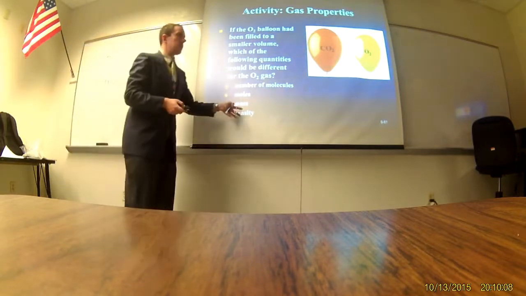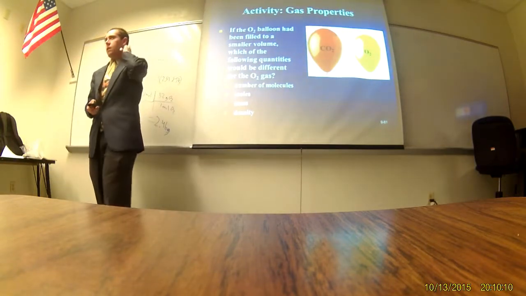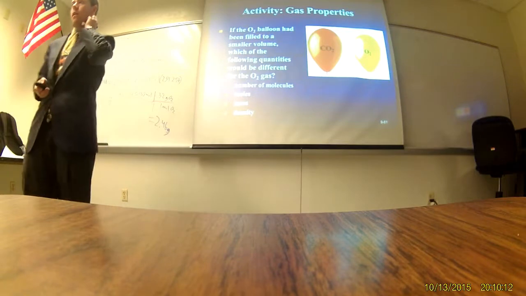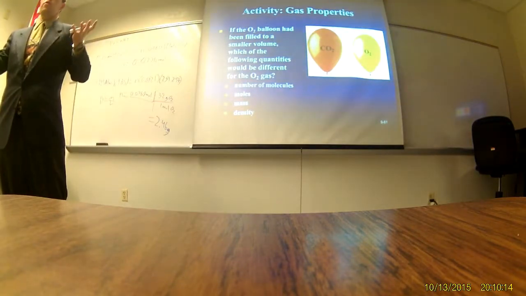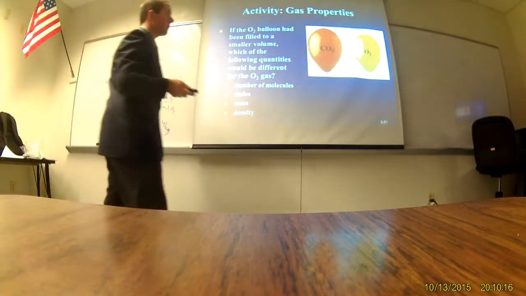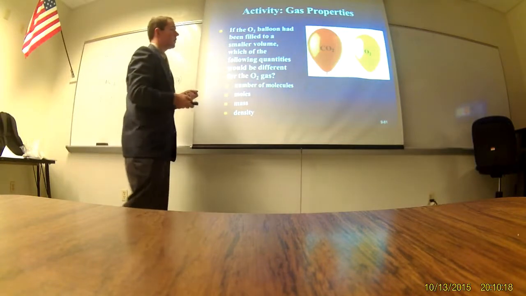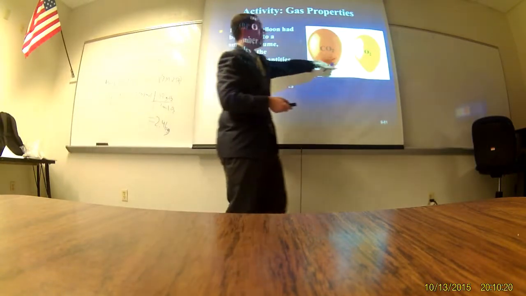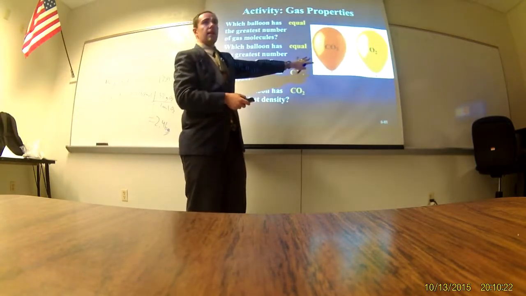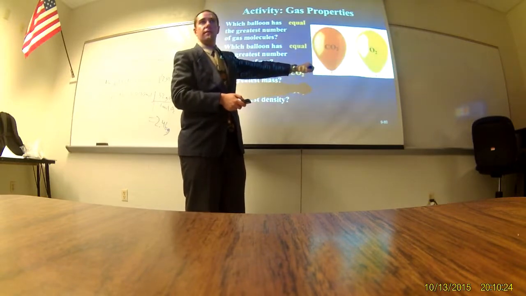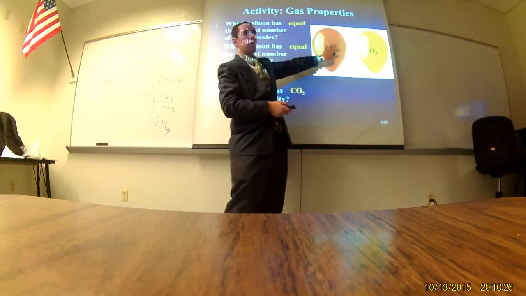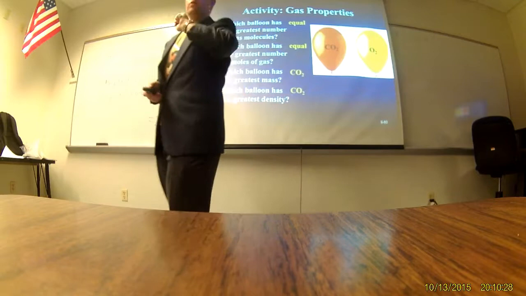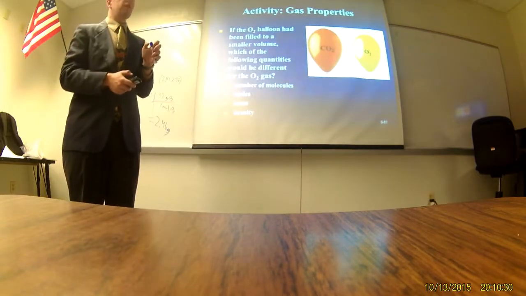What about the density? How do you know? Density doesn't change with proportion. So the density here is the same as the density here. So here we said CO2 was more dense, so it's still more dense here.